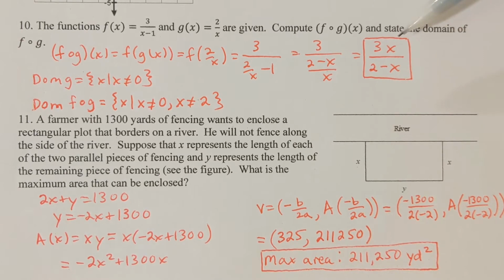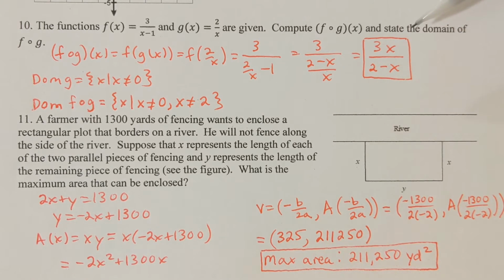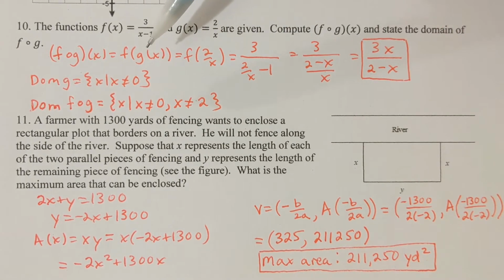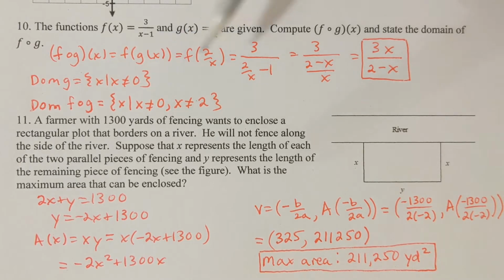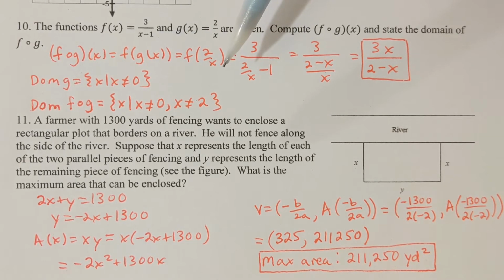Now, if we state the domain of the composite function, the first thing that we would want to know is the domain of g, because g is being inserted into f. Okay, so I got to know the condition on g before I plug these numbers into f composed g. Well, here's g of x. Okay, I know I can't divide by 0. x is in the denominator, so just don't let x be 0 for g.